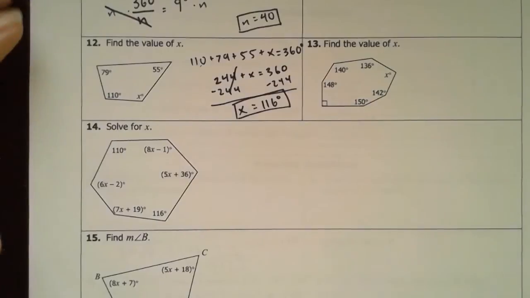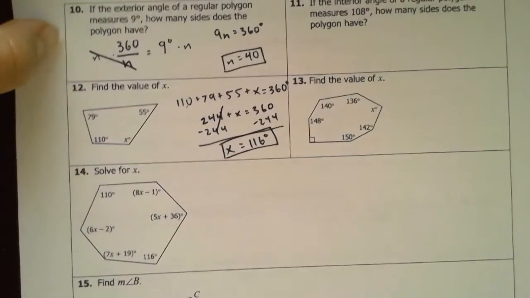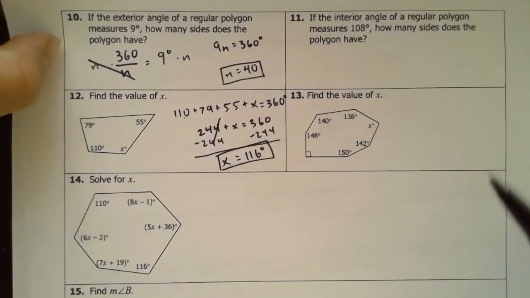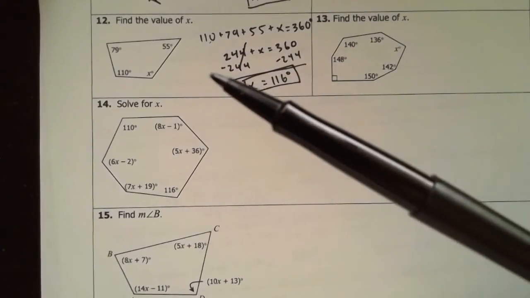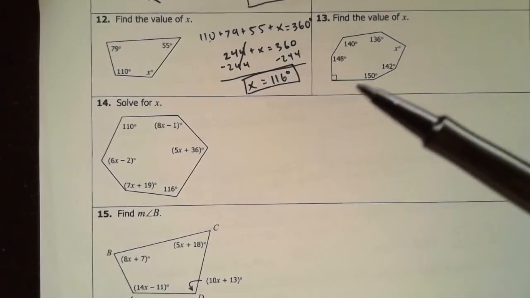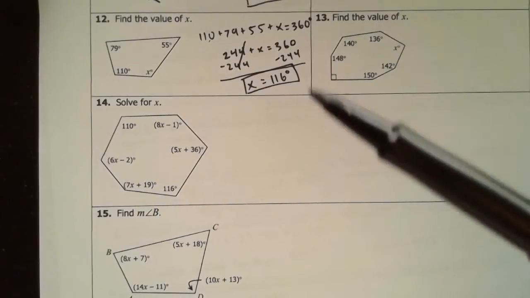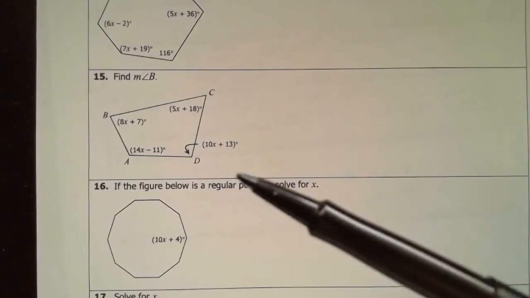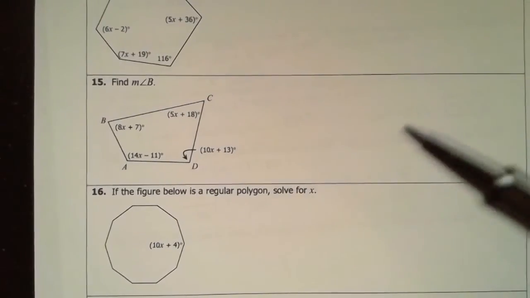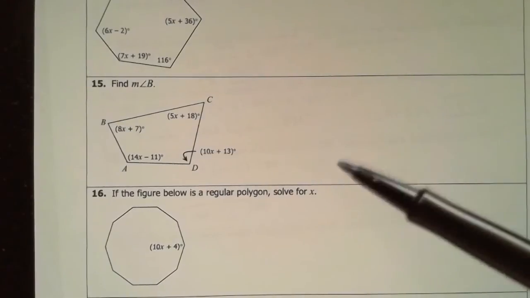Okay. For the following questions from here, numbers 13 all the way to 17, you're taking the same idea here. You count how many sides the polygon has, use your table to see how much they should equal, combine like terms, and then solve for x.